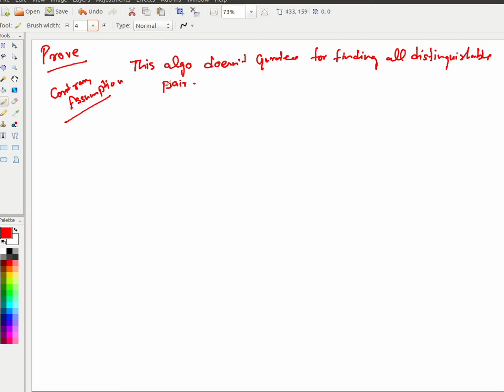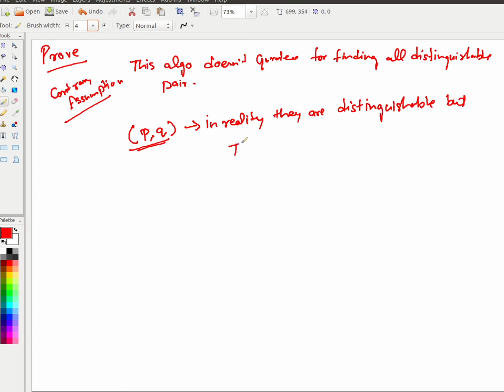So let's take one such instance. What we need to say is that there exists some P and Q, a tuple or a pair, which in reality are distinguishable, but the table filling algorithm doesn't mark. Correct?